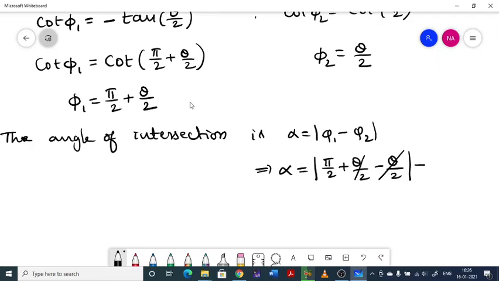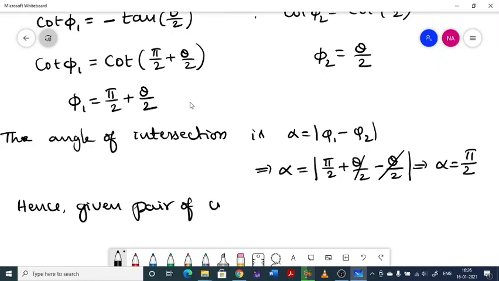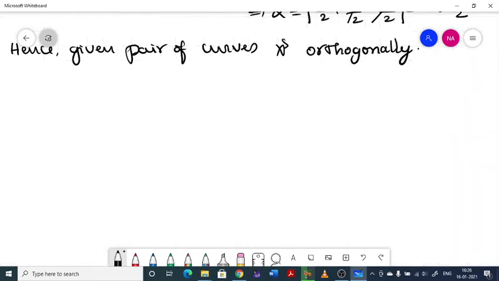These two get cancelled, we get alpha equal to pi by 2. Hence the given pair of curves intersect orthogonally. So that's about the first problem.